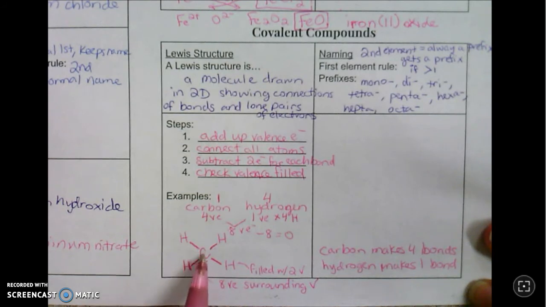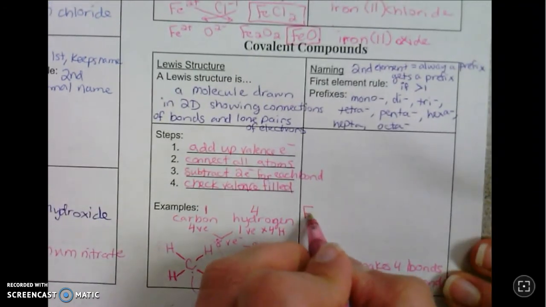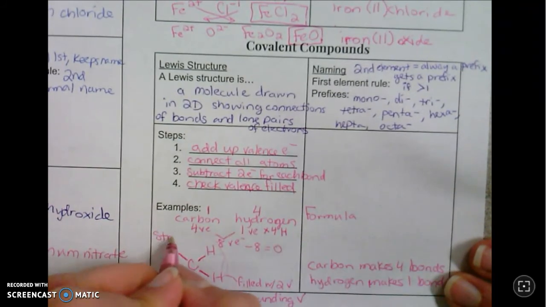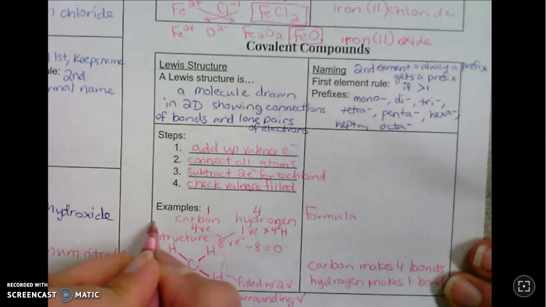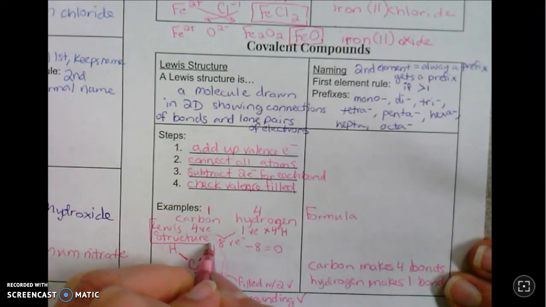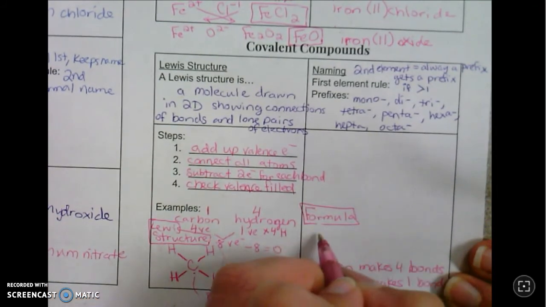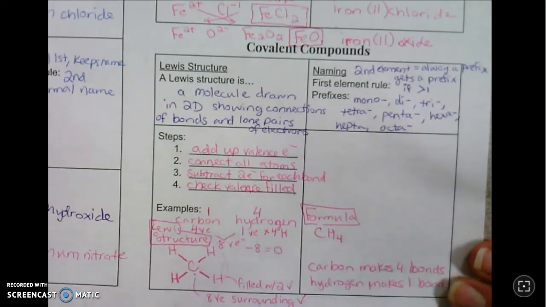So basically just C with the 4 lines with the H's around it. This is the Lewis structure of CH4. This is the structure, specifically the Lewis structure. If we wanted to write the formula, it would be written out as CH4.